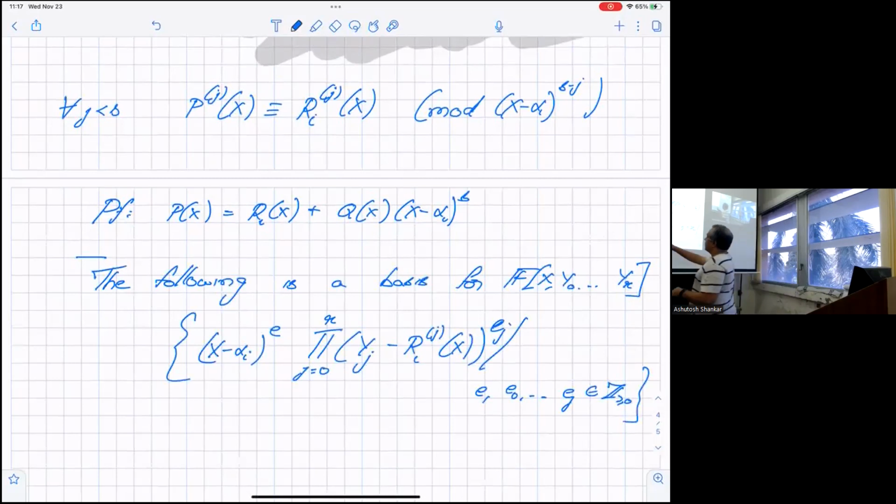I want to say, look at this set of polynomials. I claim, firstly, that this is a basis.